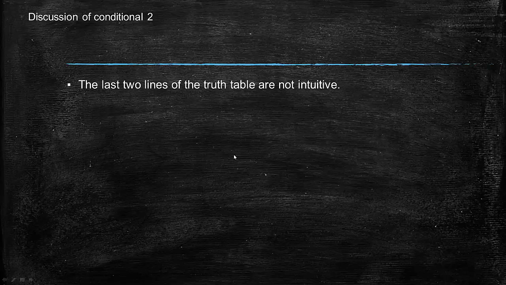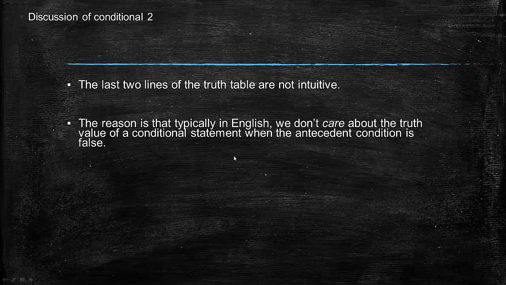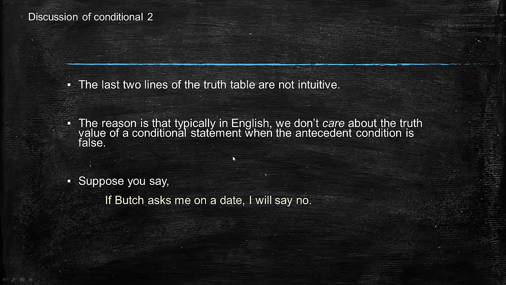So all we're going to try to do here is make it clear how we're using the conditional in propositional logic. The reason that the last two lines, where the antecedent is false, are not intuitive is that we don't really care about the truth value of a conditional statement when the antecedent condition is false. So suppose you say, "If Butch asks me on a date, I'm going to say no."